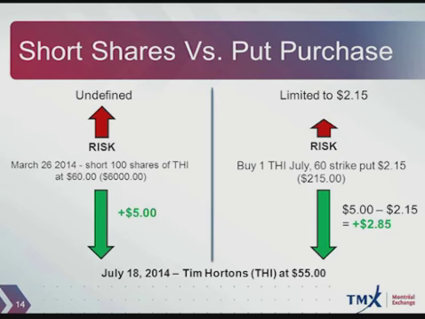We have a $5 intrinsic value, and then we subtract the premium that we paid out because that was all time value, and from there we are looking at a potential profit of $2.85. So once again, we have that asymmetrical risk-reward opportunity where we have a limited and identifiable risk exposure and an unlimited profit potential.